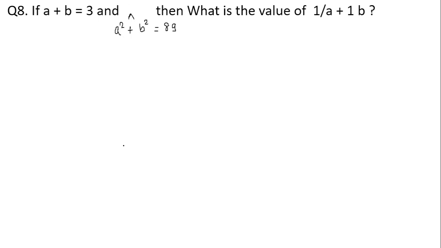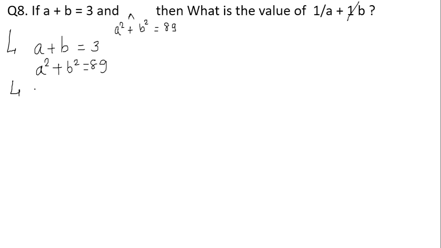Okay. Moving on to the next question now. If a plus b is equal to 3 and a square plus b square is equal to 89, what is the value of 1 upon a plus 1 upon b? What is given here? Let us know the data that they have mentioned. They have mentioned a plus b is equal to 3. The second data is a square plus b square is equal to 89.